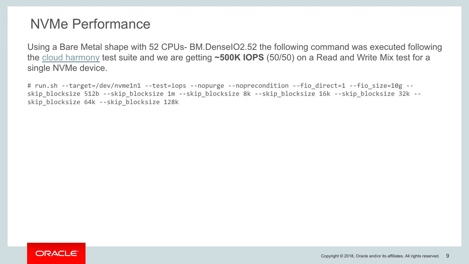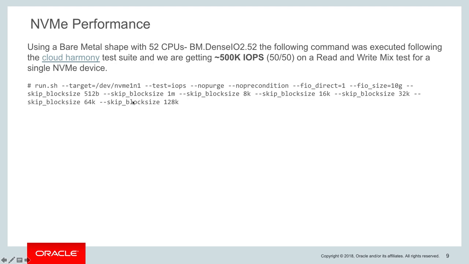So here's one execution of that tool, testing one of the bare metal dense I/O shapes, targeting just one NVMe device of the 8 devices available with that instance.